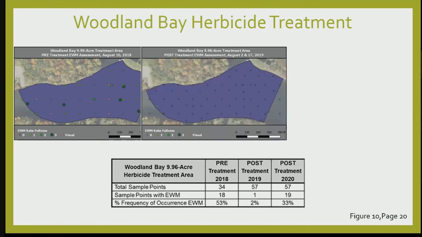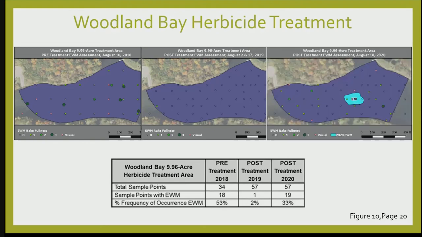There's a big difference in 2019, where Eurasian water milfoil was present at only 1 out of 57 sample points. I ramped up the sampling effort in this area to have greater sensitivity in detecting changes as we go forward. And then in 2020, milfoil was present at 19 out of 57 points.